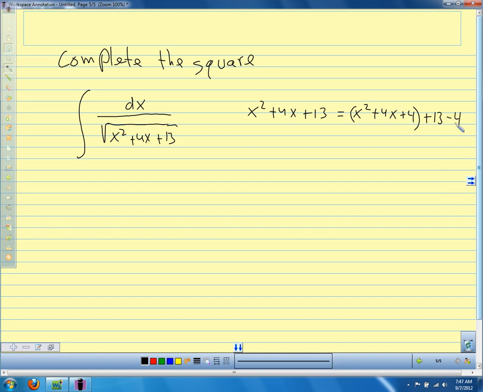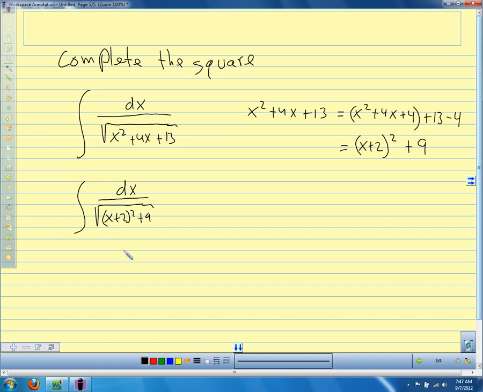So I'm adding 4 here, subtracting 4 there. So this gives me x plus 2 squared plus 9. So now I have the integral of dx over the square root of x plus 2 squared plus 9.